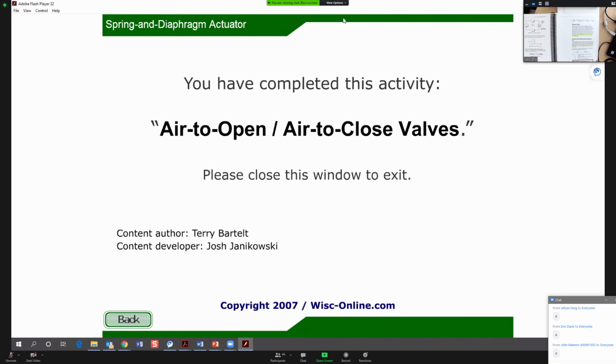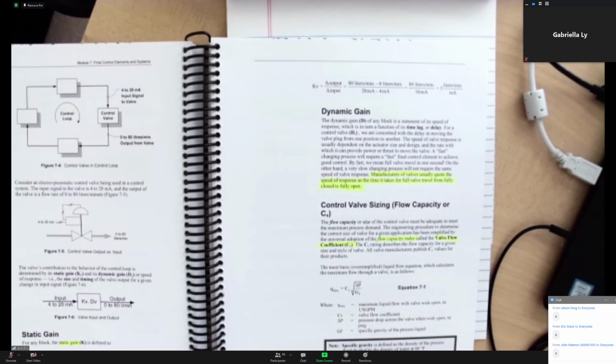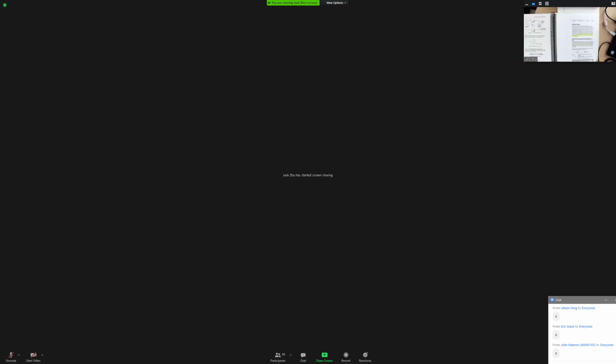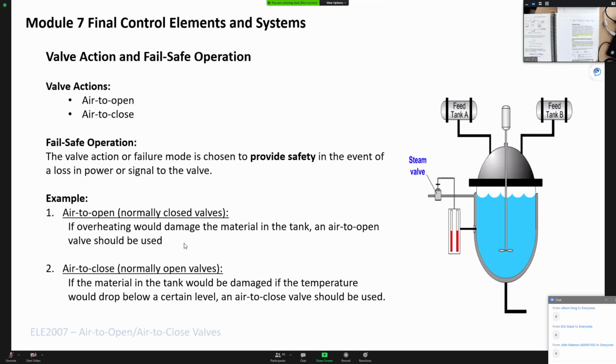Okay. So, like I said, you're probably gonna encounter questions about this air open, air close. Make sure you know this.